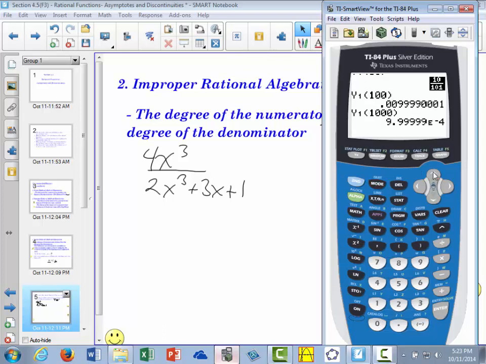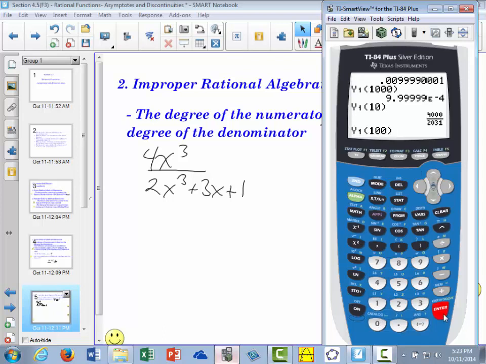Let's go back up and ask for y1 of 10. And what do we get? We get 4,000 over 2,031. All right, so that's a reasonable fraction, I guess. And let's see what happens as we ask for something a little larger here. y1 of 100. And here we go: 1.99996, so a number that seems to be getting close to 2.